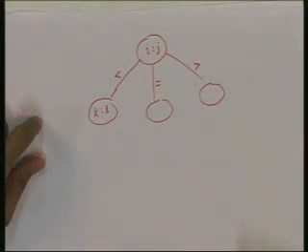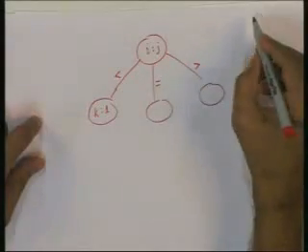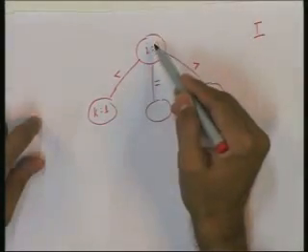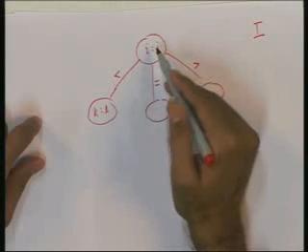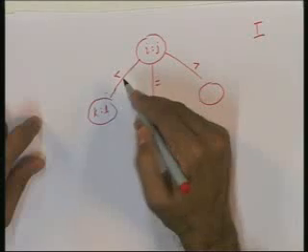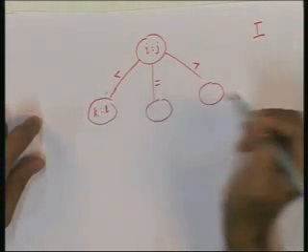Okay. So now what's the idea? For instance I, what will happen? The first comparison will be this. Then of course in the decision tree, this will be the branch taken, and the second comparison will be this.